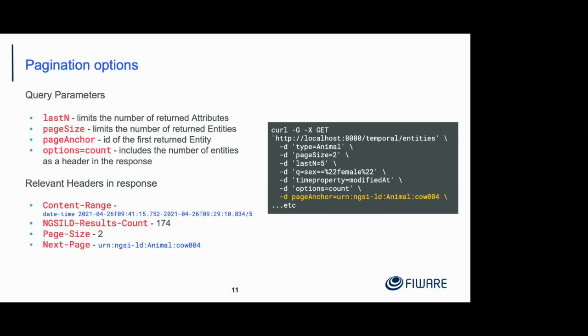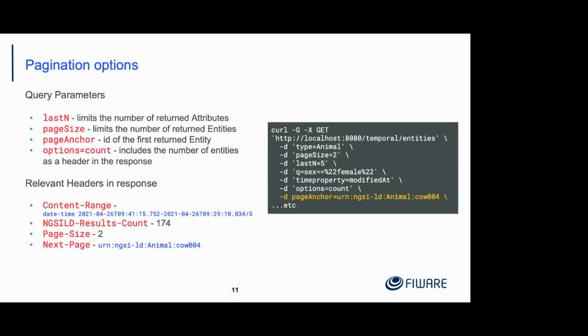The options count means that I can work out how many records I would get overall. So again, I'm looking for females. I happen to have 174 females on my farm. Funnily enough, I have dairy cows, and there's not much sense in having as many bulls in my herd as cows, because they tend not to produce much milk. So that's why I have a lot of females.